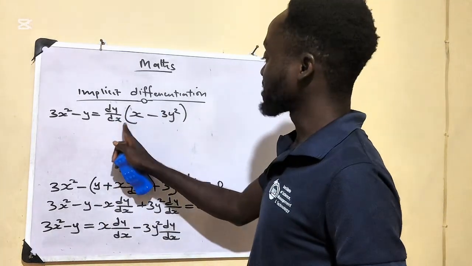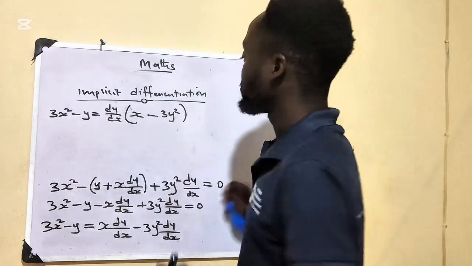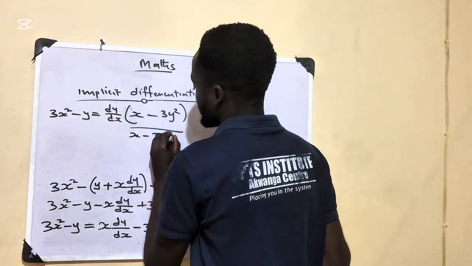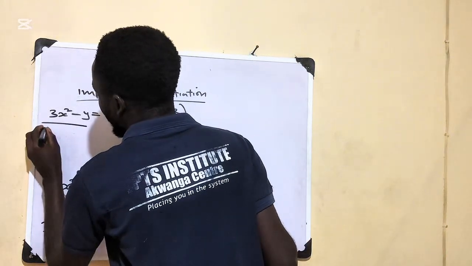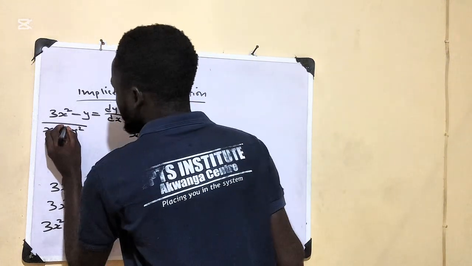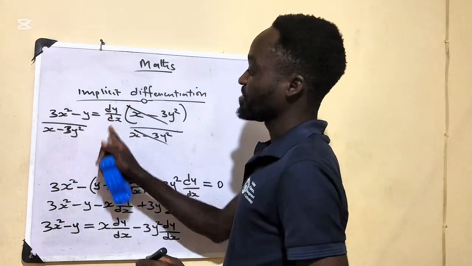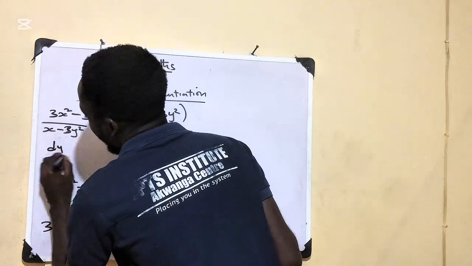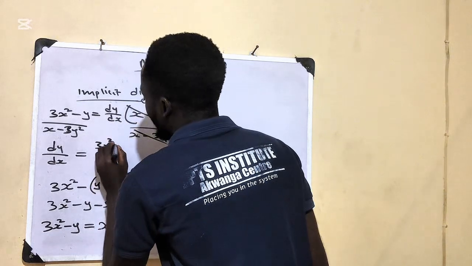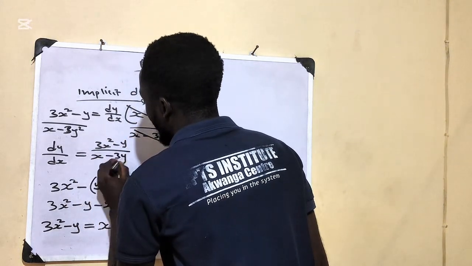To do that, I'm going to divide both sides by what is in this bracket, which is x minus 3y to the power of 2. So I will divide both sides by x minus 3y squared. So that means this one is going to cancel this one, and now what I'll have is that dy/dx is going to be 3x squared minus y divided by x minus 3y squared.